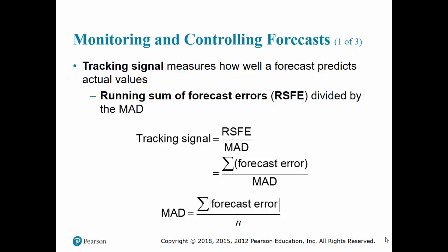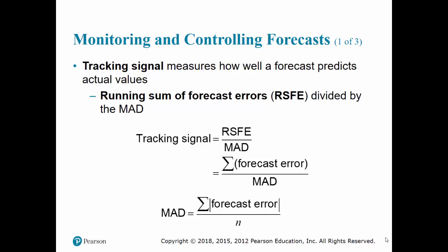There must be a way of automatically monitoring the forecast errors, and if the forecast accuracy has deteriorated, there must be a signal raised so you can go back and redo the analysis and make the necessary adjustments. So that's what tracking signals are for.